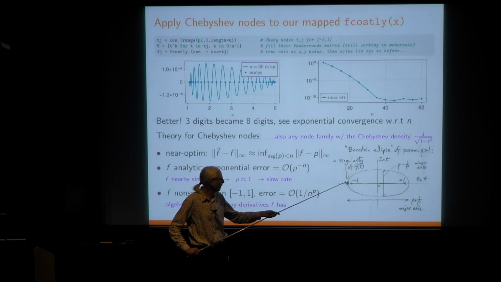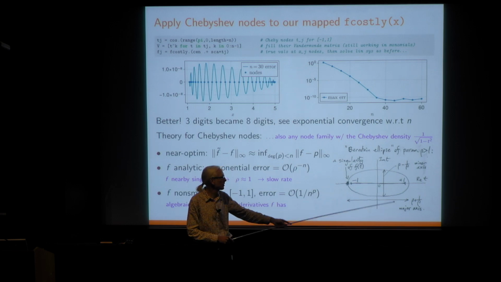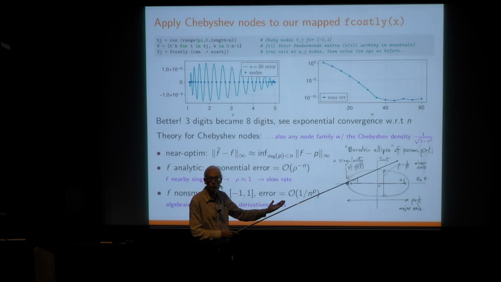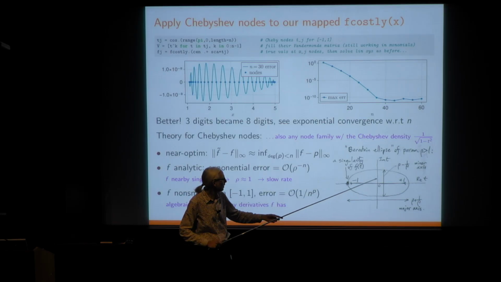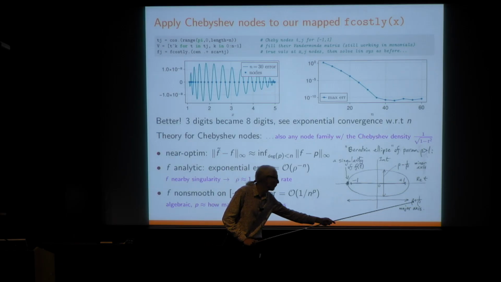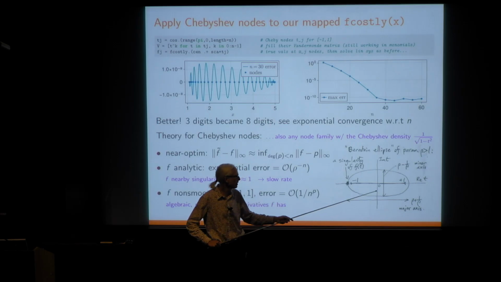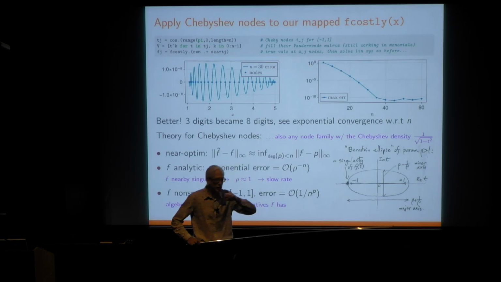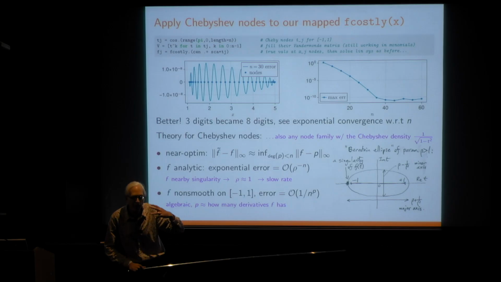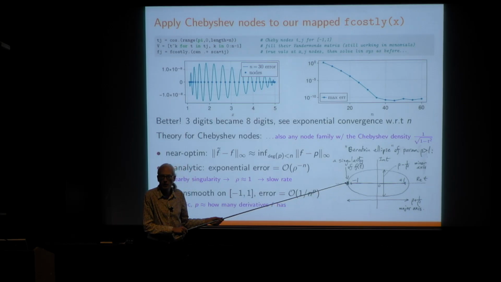If there's a singularity, you define an ellipse called a Bernstein ellipse, with a parameter traditionally called rho. Rho defines the ellipse by rho plus 1 over rho being the major axis, rho minus 1 over rho being the minor axis, and then you ask, how big can I grow that ellipse until it starts to touch the first place where the function becomes singular, is no longer analytic?